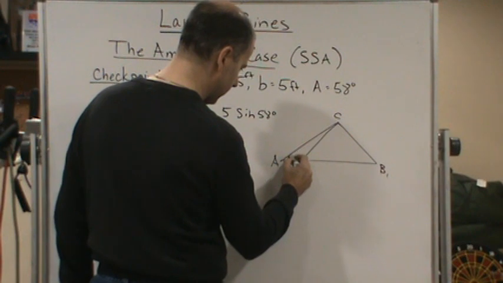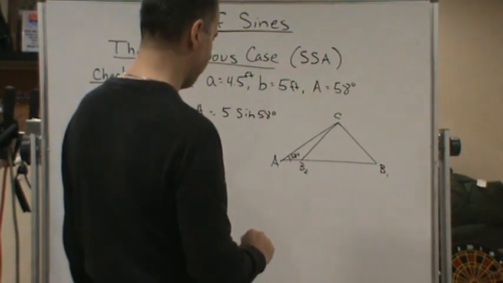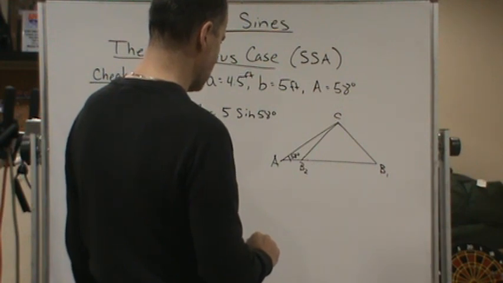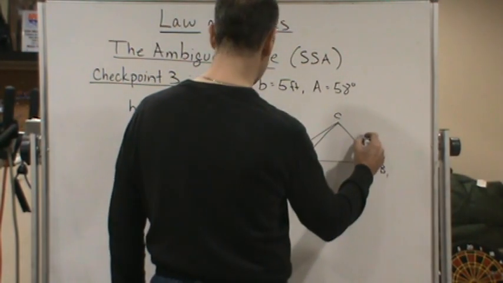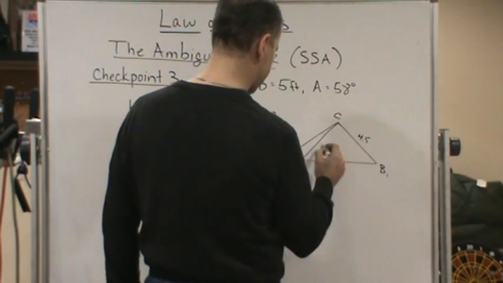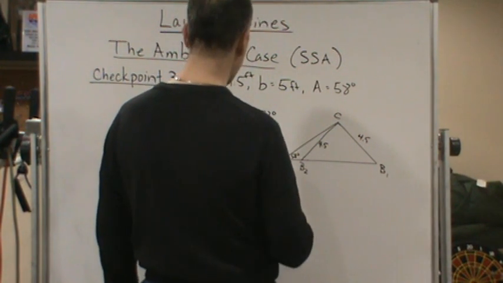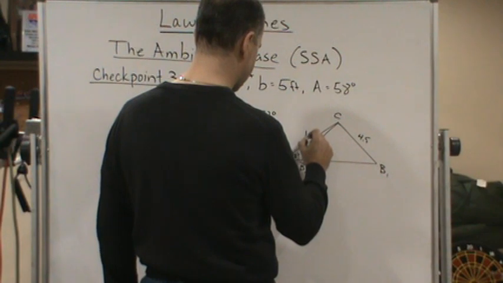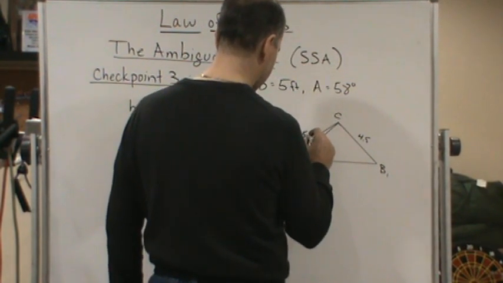A is 58 degrees. A is 4.5, so that's going to be over here and over here. And B is equal to 5 feet.